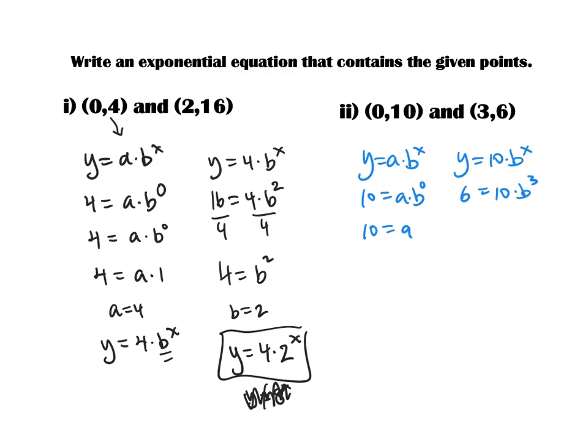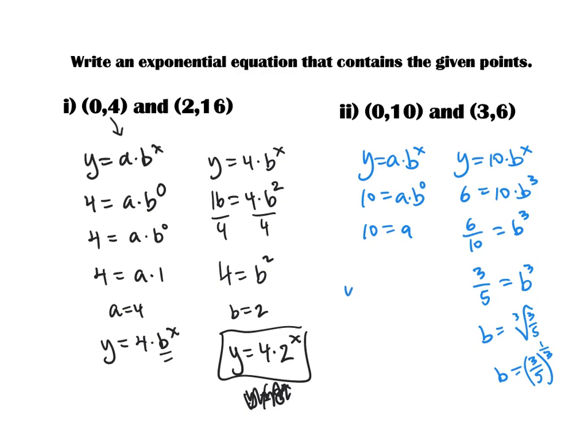All right, now I'm going to solve. So I'm going to divide both sides by 10. So 6/10 equals b to the third. I'm going to reduce this. A 2 goes into both of those. Therefore, b is going to equal the cube root of 3 over 5. Or b equals 3/5 to the 1/3.